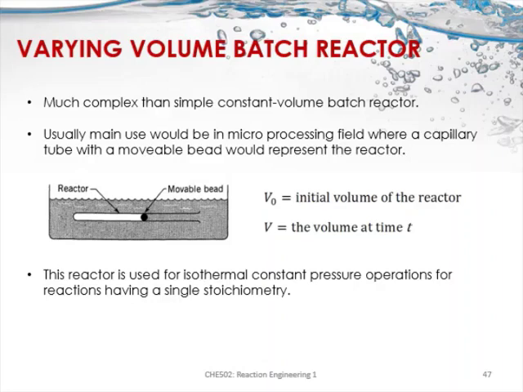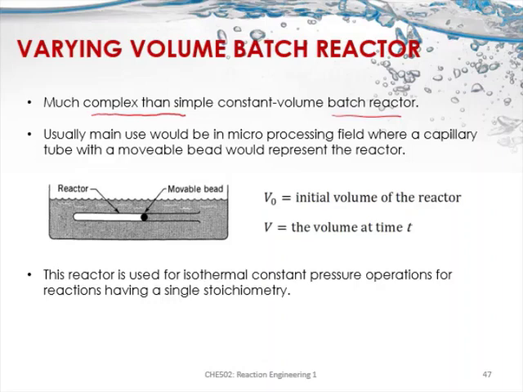If you have variable volume, it means you have a complex system. Usually the main use would be in the microprocessing field, where a capillary tube with a movable bit would represent the reactor. You may imagine a very small reactor. It's a tube.